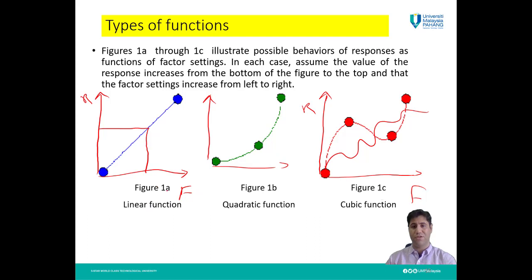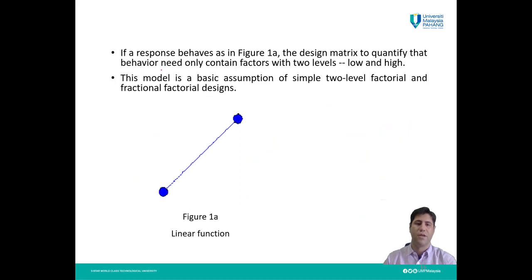Now let's consider these different figures. If the response behaves as this figure, it is a linear correlation, and the design matrix to quantify that behavior need only contain factors with two levels, low and high. You can guess low, high. This is factor.